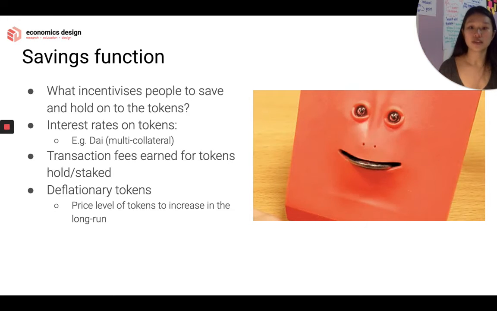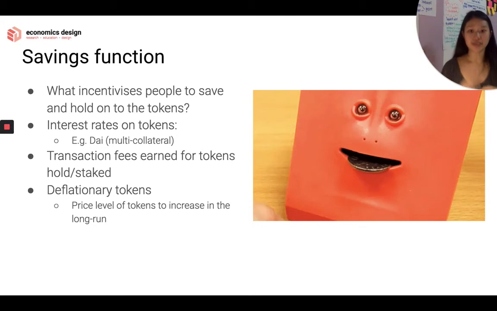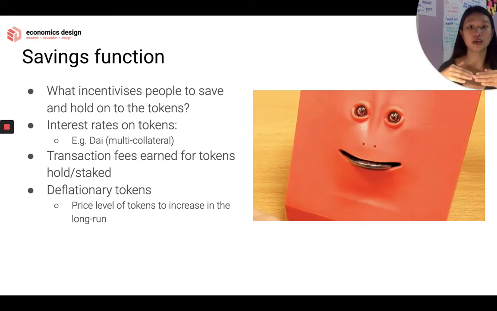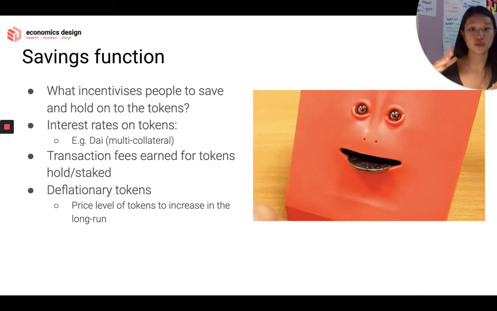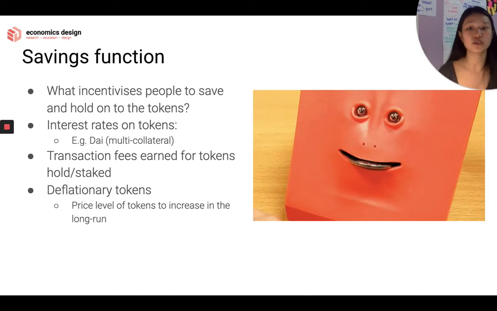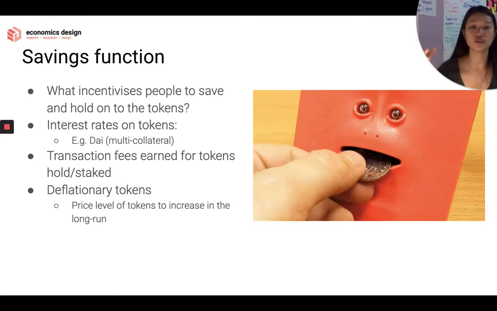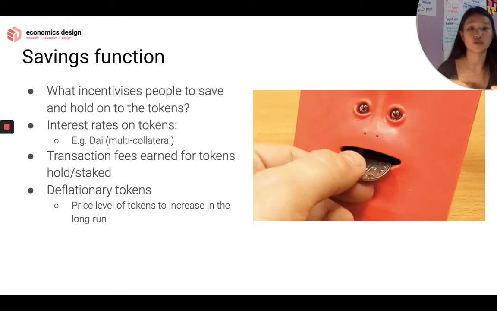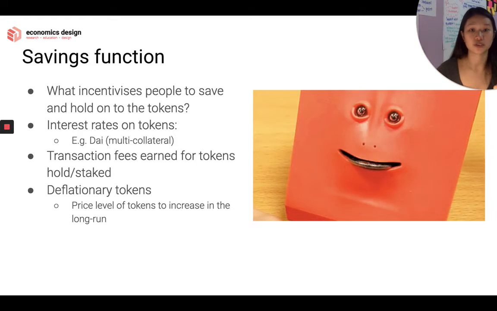Now, what DAI does as well is that when DAI becomes overvalued, much more than $1, they need to bring DAI back down to $1. How do they do that? They increase the interest rates. So now people are more incentivized to keep DAI in the bank or in their wallet and not use it, and that will drive prices down a little.